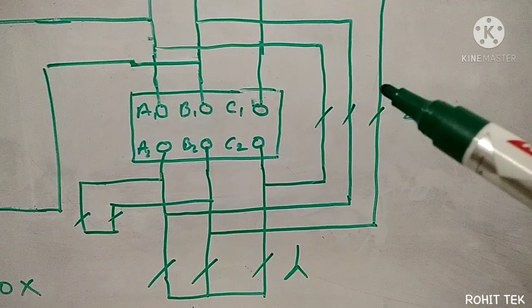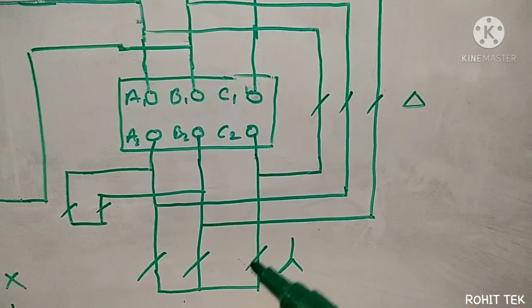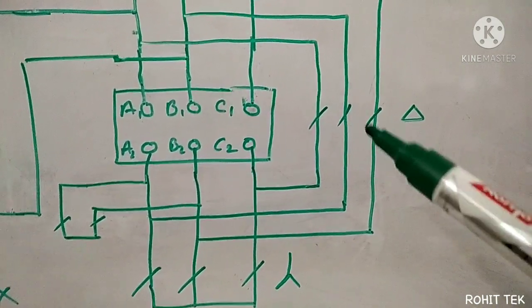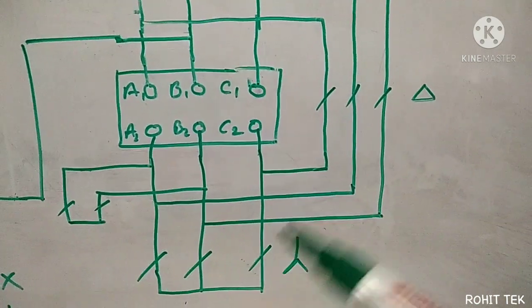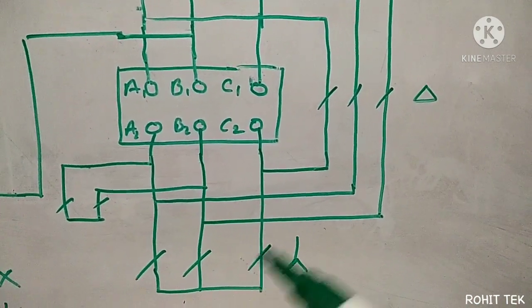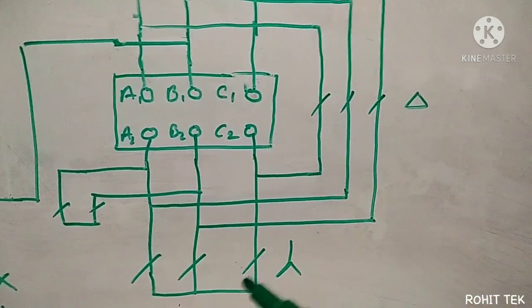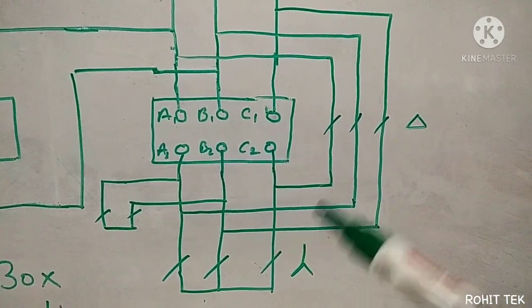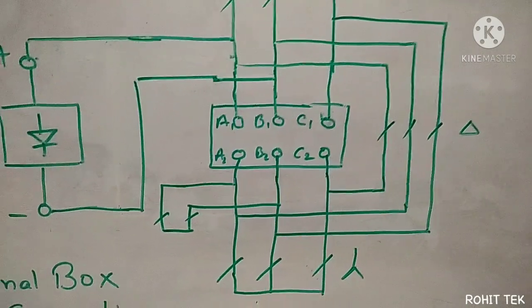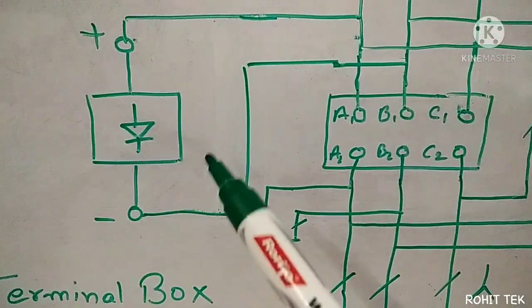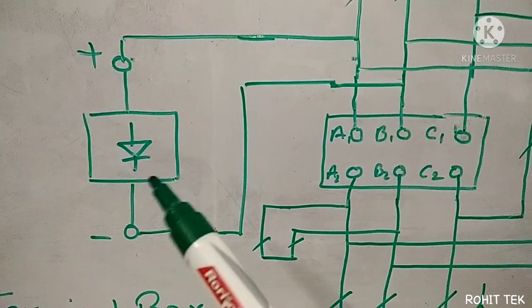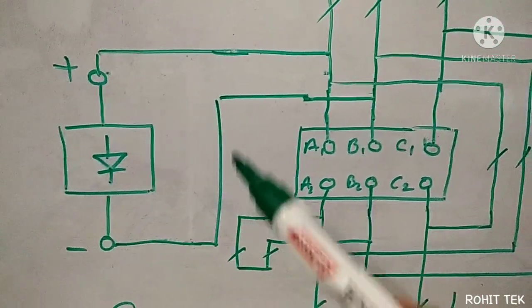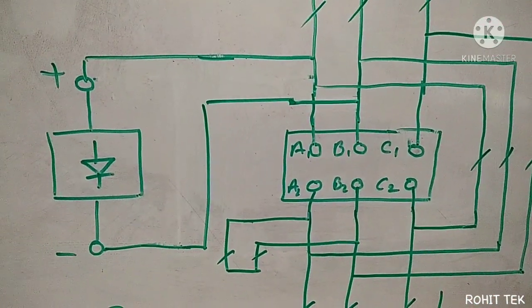So to automatically switch between star and delta, I'm using these contactors. So these contactors are basically automatically switching between star and delta. Is it clear why I'm using contactors? That is the reason. And see, here is a rectifier. This rectifier is basically feeding DC to the winding.